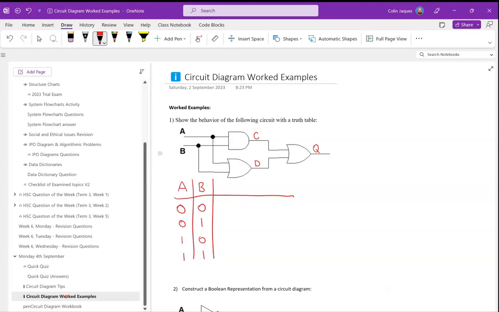You can see that the C input is A and B, so I'm just going to put that there. The D input is A plus B, and the Q output is C plus D, where plus is an OR gate and a dot is the AND gate.